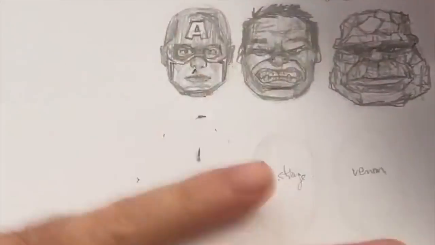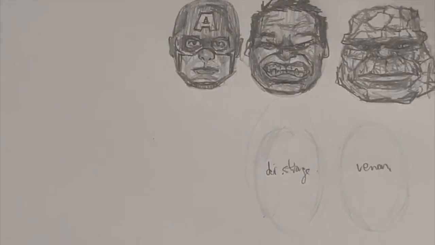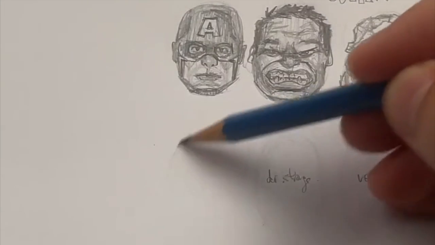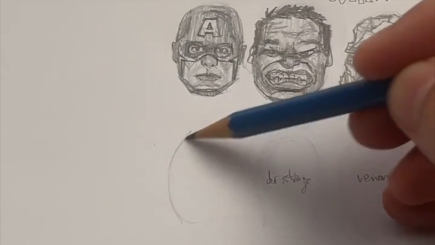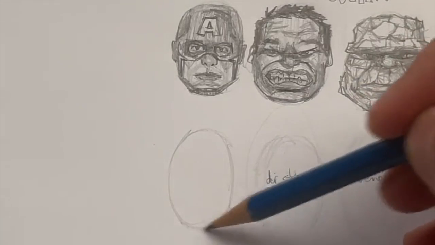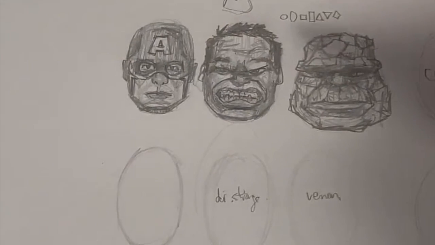Spider-Man's one of the easier guys to draw. He's one of the harder bodies to draw, but for the head, fairly easy. Spider-Man is oval. Of the head types, remember?